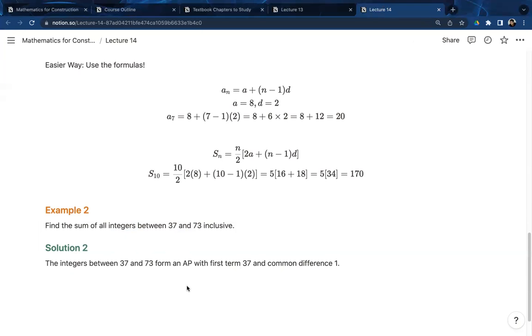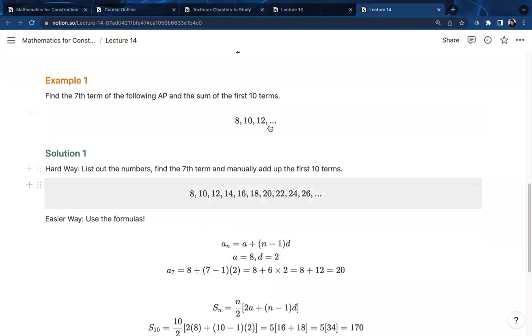I would not want to sit down and add up all those things by hand. It would take too long. So I know A, the first term, and D. I know A and D. But what we want is between 37 and 73. All these formulas here have something called the nth term.